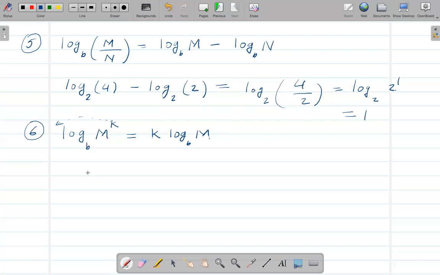So let's say if we have log base b of 25, then we can even say log base b of 25 is 5 to the power 2. So this is also similar to this, where I can bring this down here.